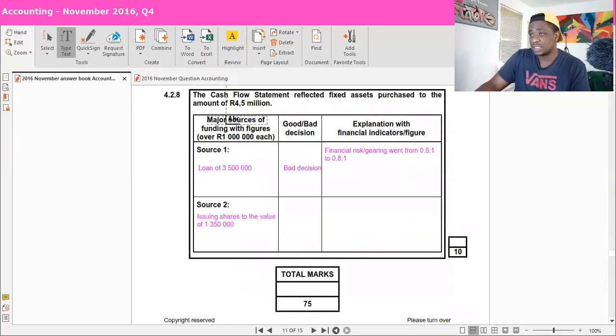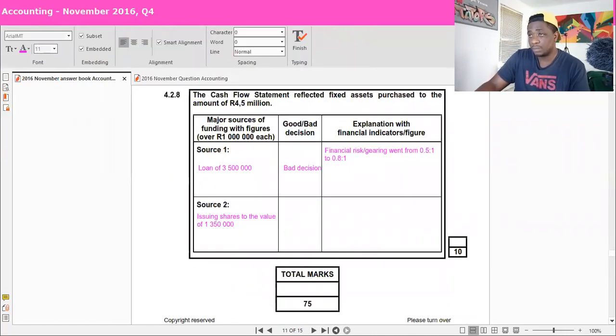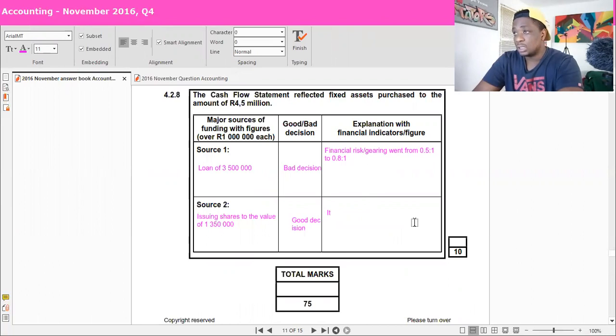So the second decision, this is what I would call a good decision. My reasoning there would be it is a cheaper source of funding.